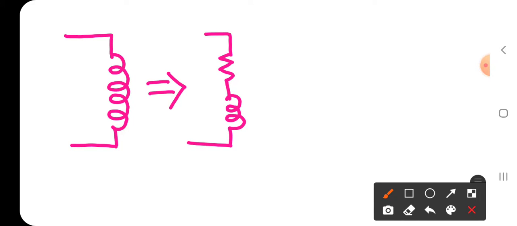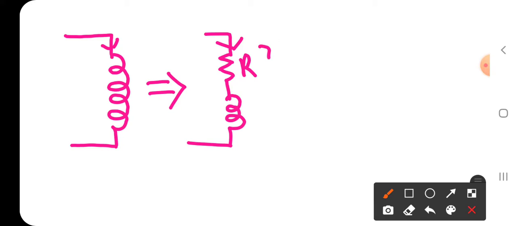That means winding is not a pure inductor and not a pure resistor. It is the combination of both resistor and inductor. So whenever current passes through this coil or winding, the current is passing through the resistor also.